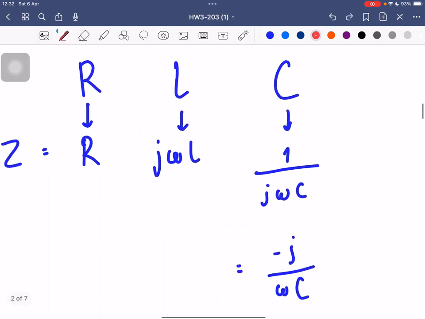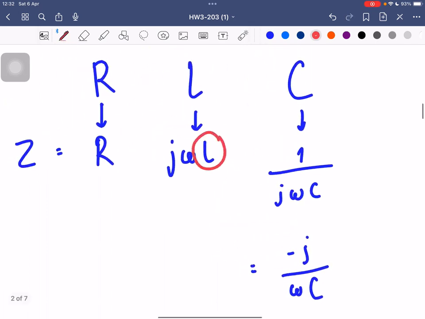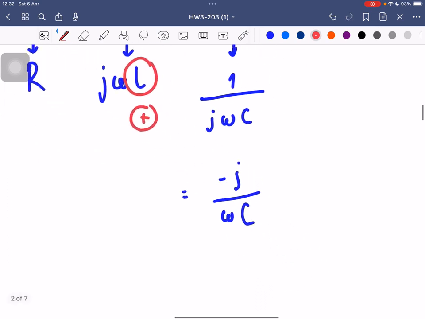As you can see here, the inductance is always positive, and similarly the capacitance is always positive.